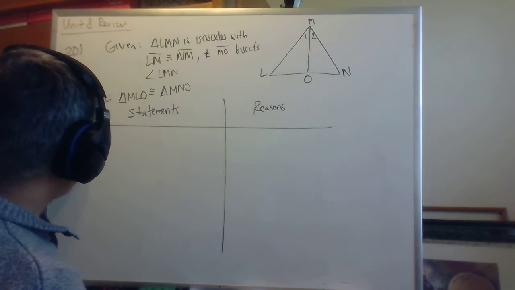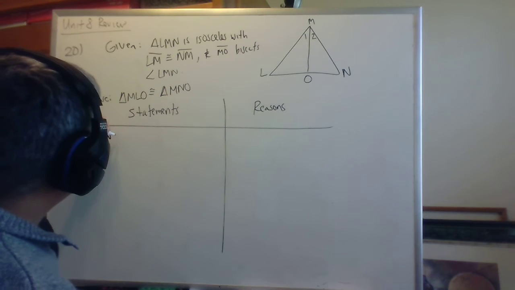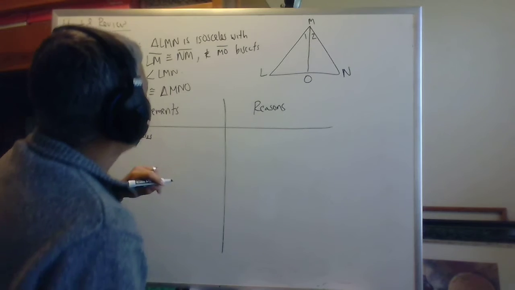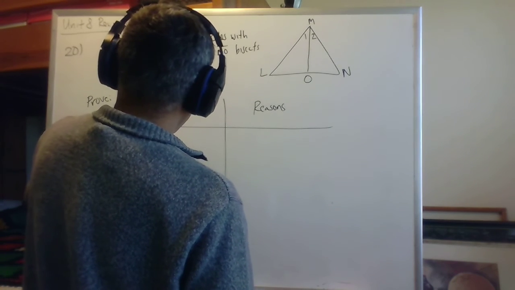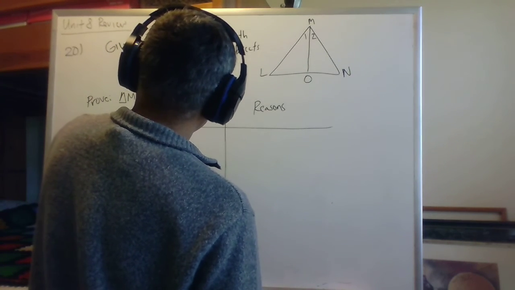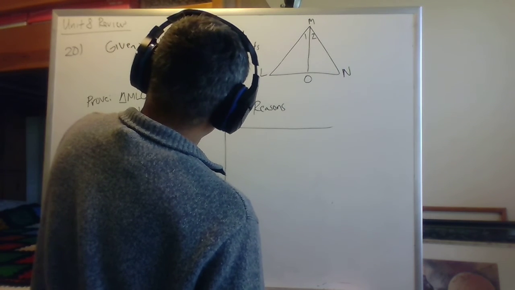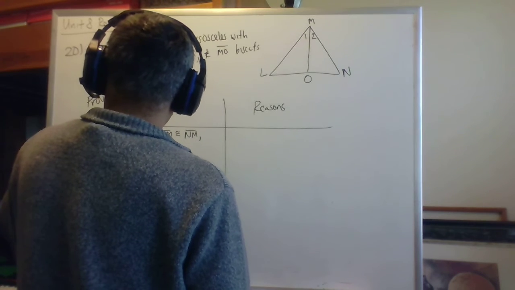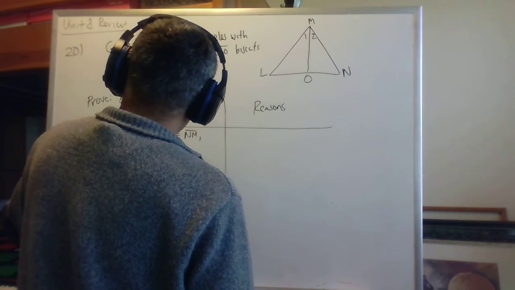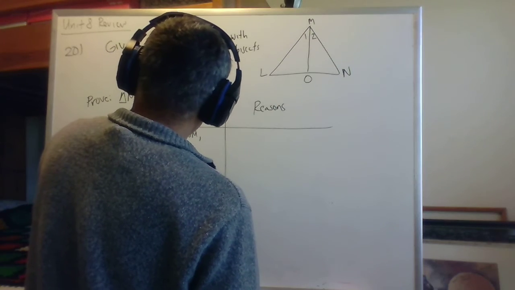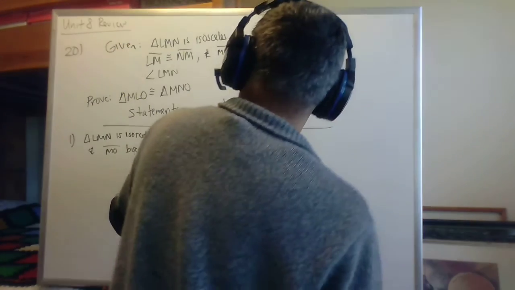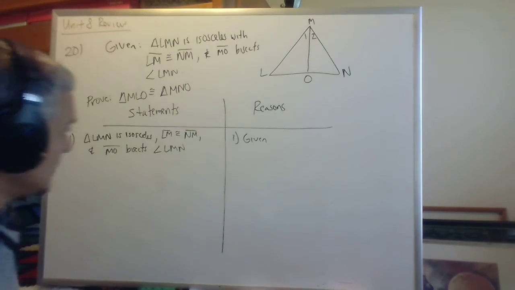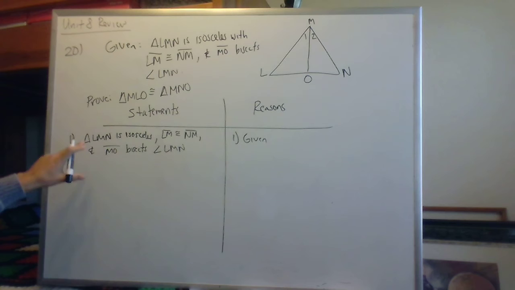So I'm going to say triangle LMN is isosceles, and then side LM is congruent to NM, and then we have side MO bisects angle LMN. And we know that that is given. And we always write that for the reason, because it's given.